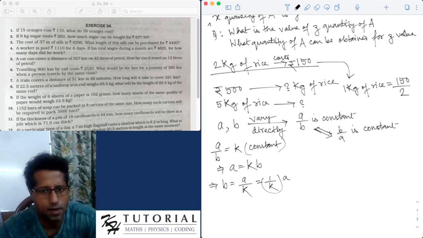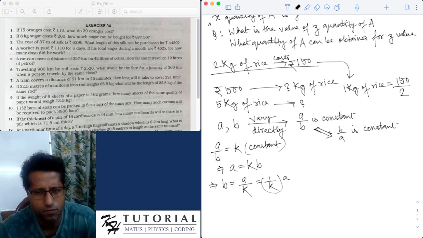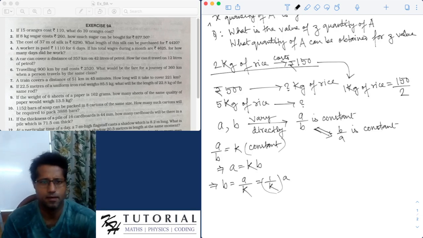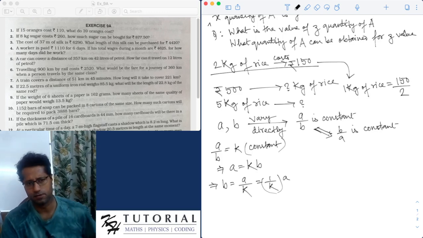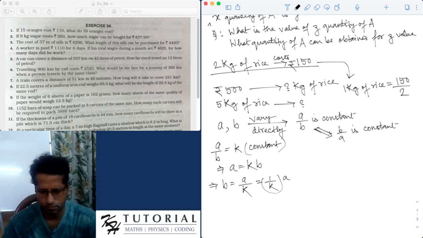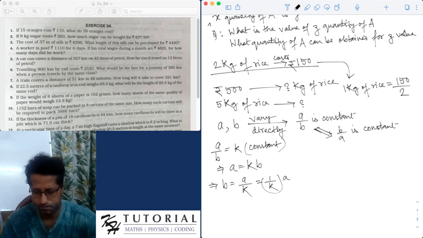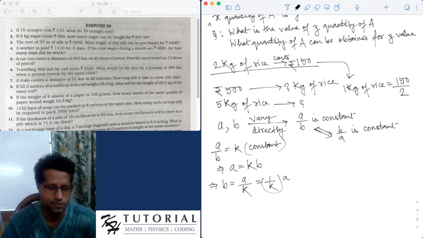Okay, some examples of quantities that vary directly, if you see the notes on the left hand side, are the cost of rice and the amount of rice. Definitely, if you purchase a particular type of rice, its price is fixed.